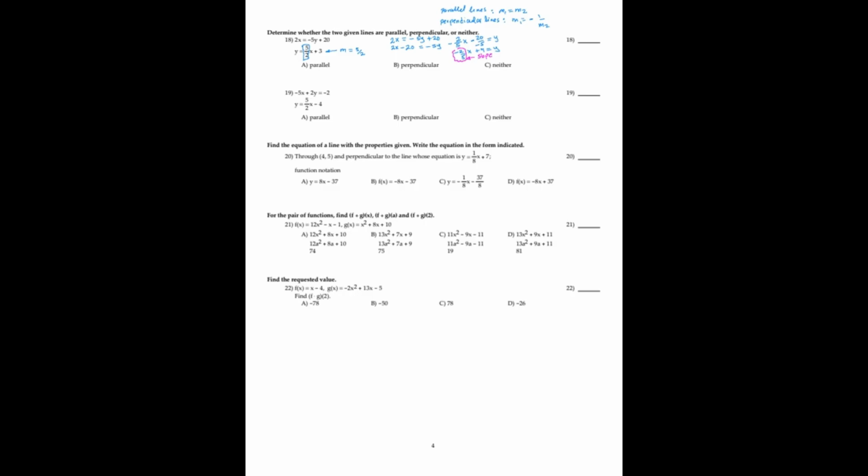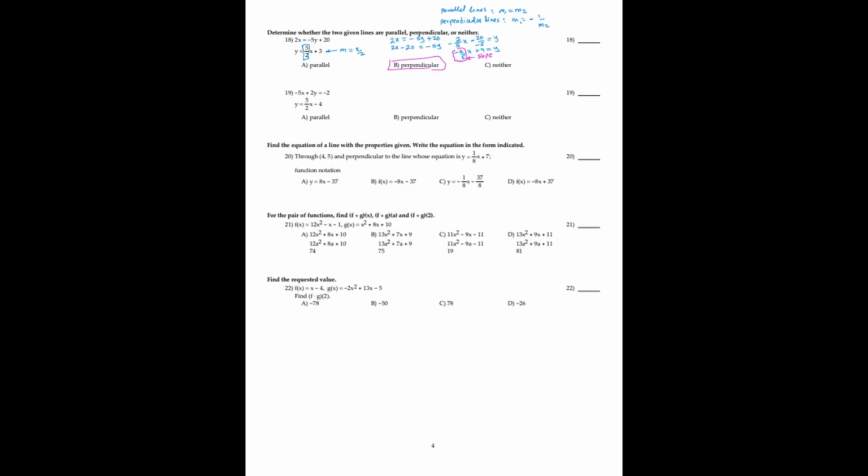Because if you flip 5 over 2 you get 2 over 5, and if you reverse the sign, positive 2 over 5 turns into negative 2 over 5. So you flip and reverse the sign. This one is the negative reciprocal of this one. So the lines here are perpendicular, because one is the negative reciprocal of the other one.